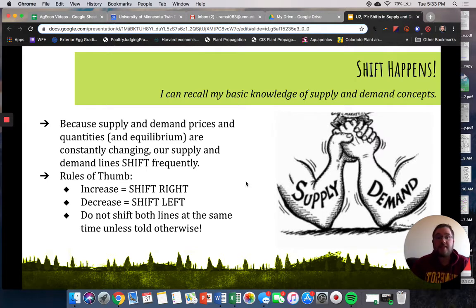And that's why we study supply and demand shifters. Now, we have a couple rules of thumb that I want to share with you. These are going to help you a lot moving forward, okay?